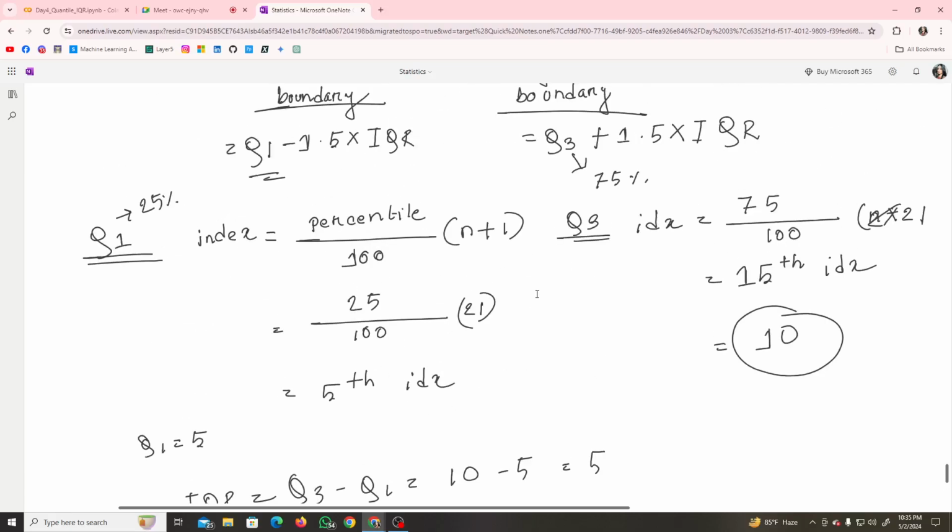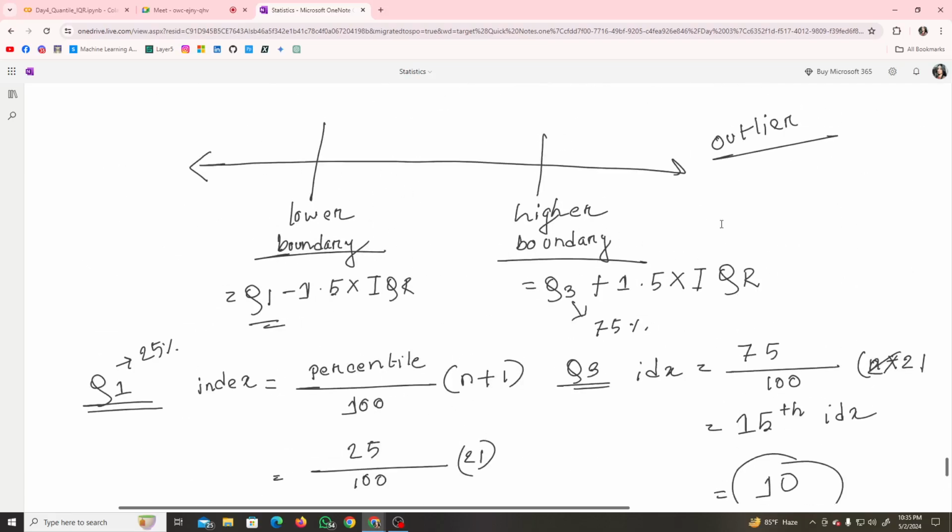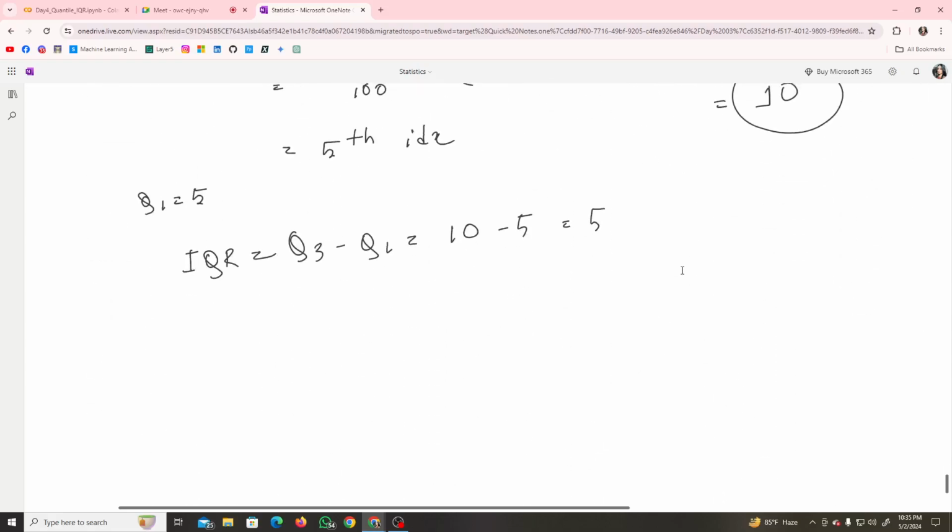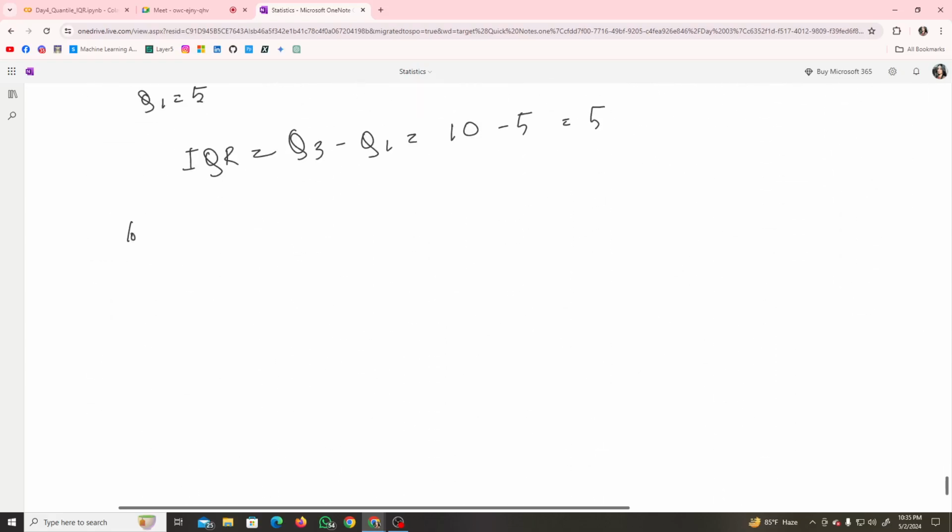Now let's find the lower boundary and the higher boundary. The lower boundary is equal to 5 minus 1.5 times the value of the interquartile range, which is 5.